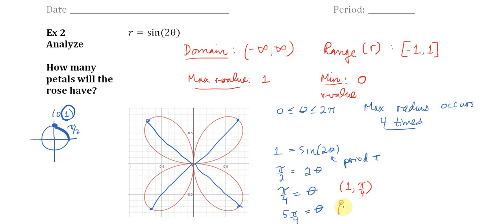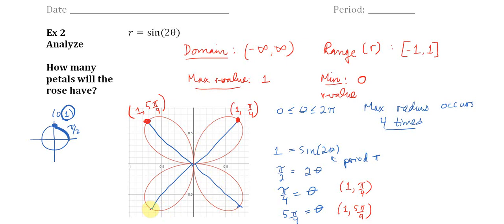The second point that we have is when r is equal to 1 and theta is equal to 5 pi over 4. So that's these points right here. In polar form, this is (1, pi over 4). Over here, this is (1, 5 pi over 4). Okay? And so just by knowing this information here, we can actually determine some features of this graph.